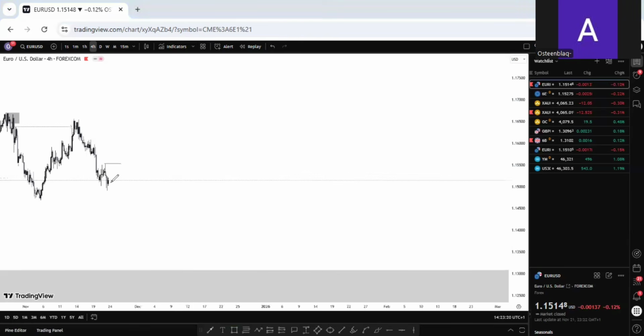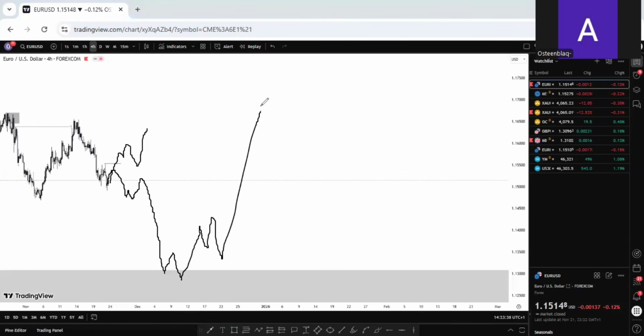Maybe if price does this, engineers liquidity, I can now buy. But if price does something like this, engineers liquidity, I'll be looking to sell into this particular place. Then if I see an engineered liquidity, we can now start the major buy move, right? So that's my take on Euro USD.